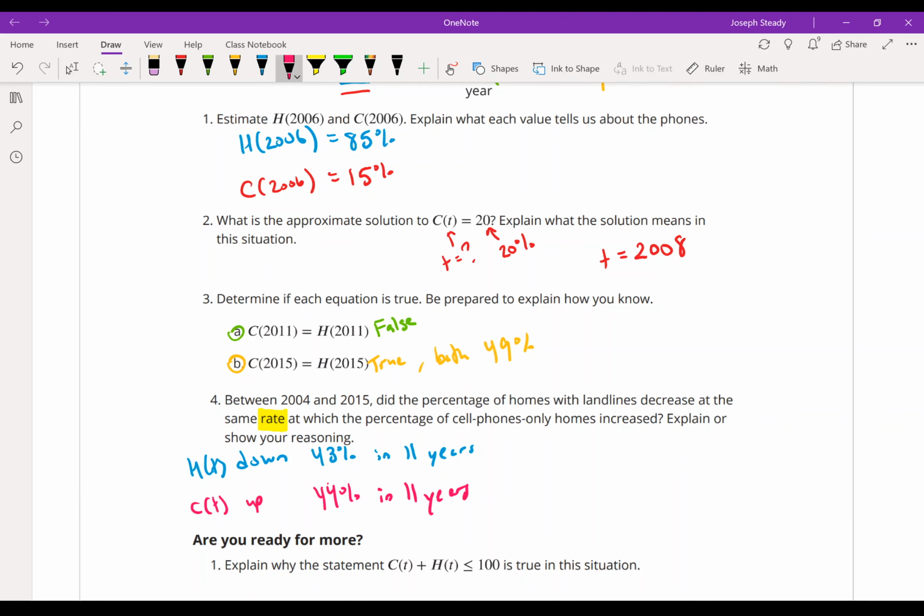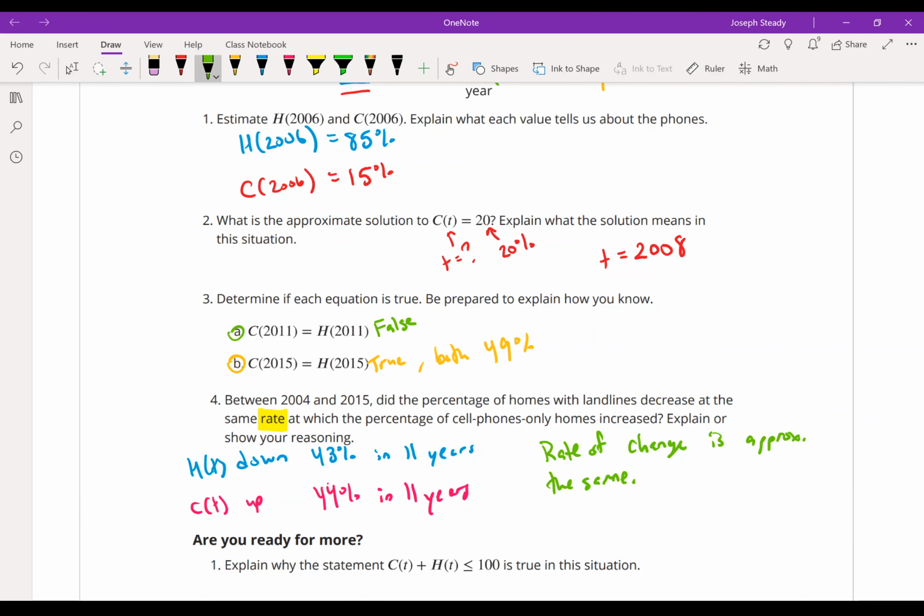And because we're dealing with the same number of years, we can now pretty easily say, hey, the rate of change here is going to be really, really similar, right? This one went down 43% in 11 years. This one went up 44% in 11 years. So our rate of change is approximately the same.